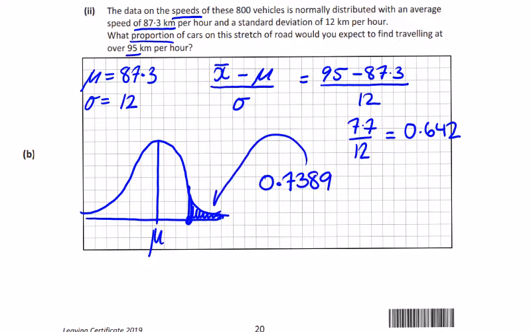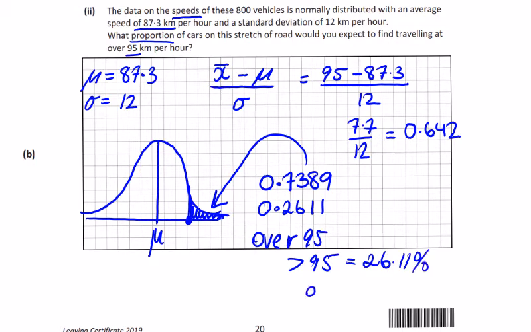So in the tail here, we have 0.2611. So we're asked for over 95, so that's the tail. The probability of greater than 95 is equal to 26.11%, or 0.2611.